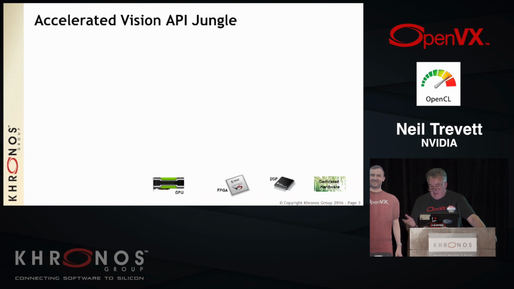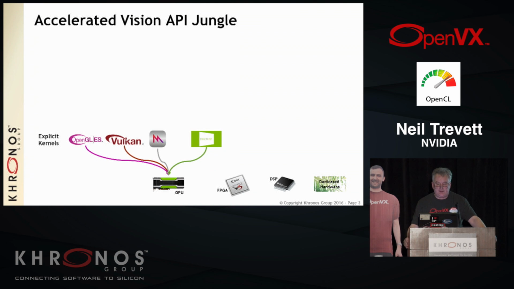So what are the APIs out there that would let you get to the vision acceleration on these kinds of architectures? The first class of APIs are really the APIs that have traditionally been used for graphics. But as I'm sure everyone here knows, the graphics APIs are becoming more and more programmable. Once you have programmable shaders, you can use your shaders for doing vision processing as well as the more traditional rendering pipeline.